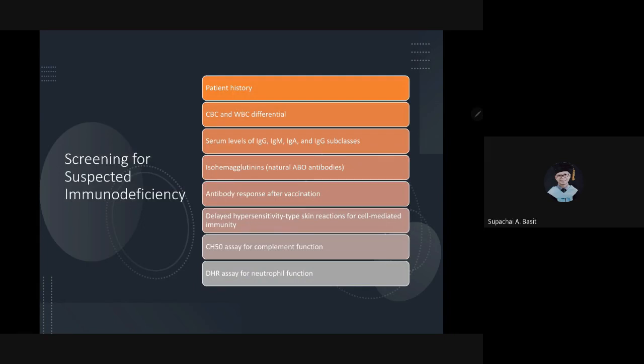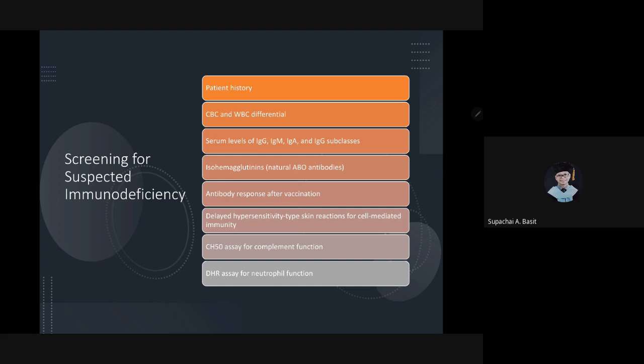Then physicians would request serum levels of IgG, IgM, IgA, and even subclasses of IgG. They would also request isohemagglutinin to determine the natural ABO antibodies and the antibody response after vaccination. Most of the time, a patient with this kind of history won't have enough response after vaccination.